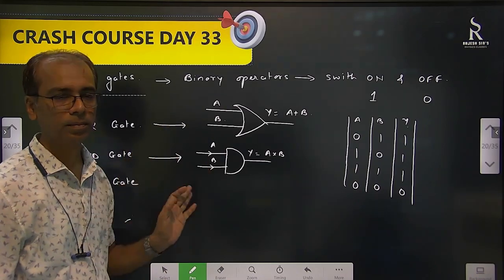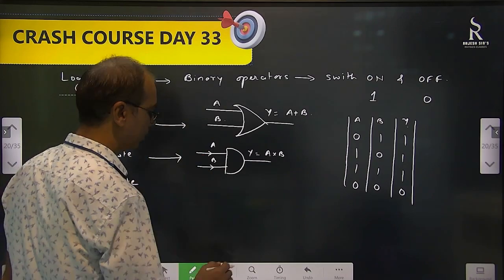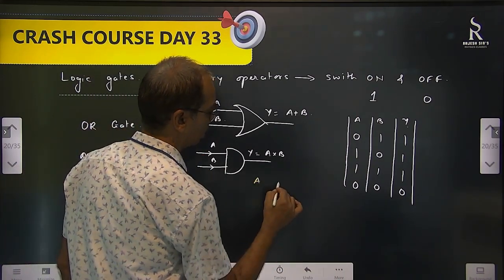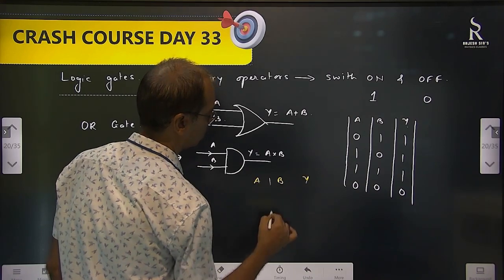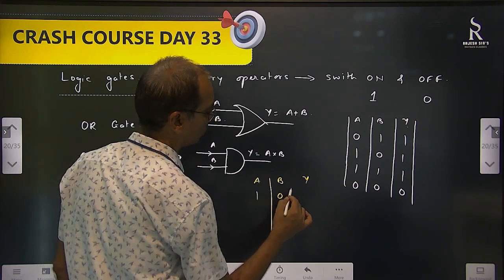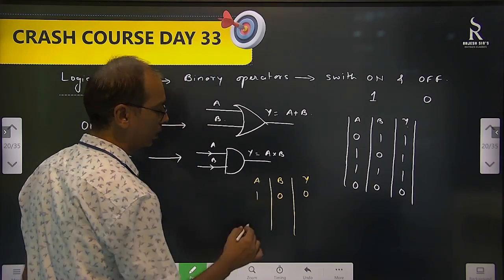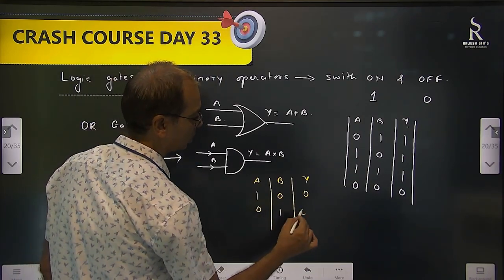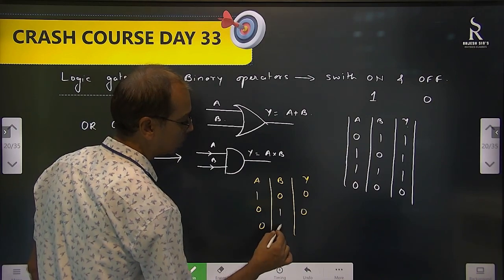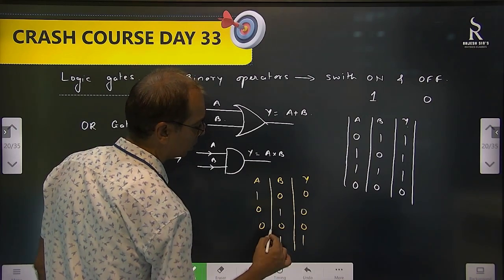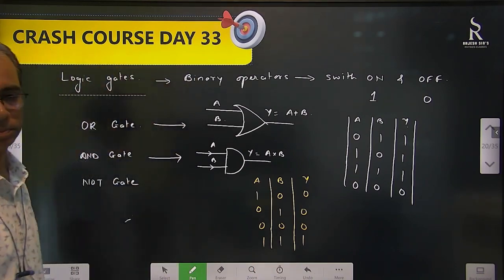So here is the truth table. If you make A, B, Y, this is on, this is off, this is off because this is a series circuit. 0, 1, 0. 0, 0, obviously 0, but 1, 1: if both are on, then your bulb is also on.